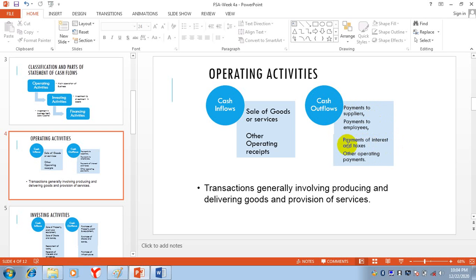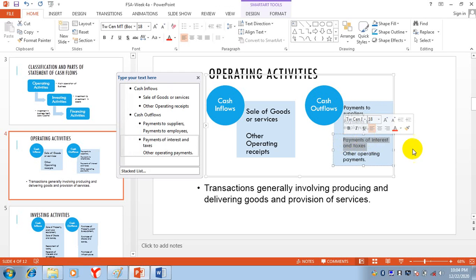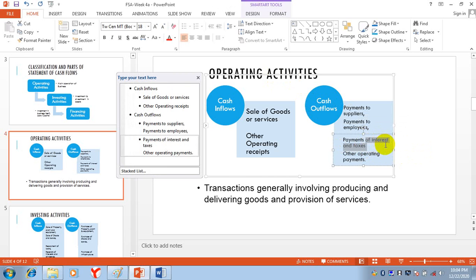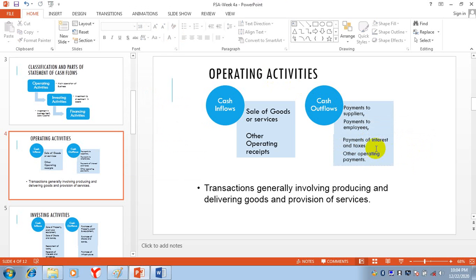Payment of interest and taxes: keep in mind, it comes in operating activity. This interest and taxes will determine our net income. That's why it comes in cash outflow of operating activities.